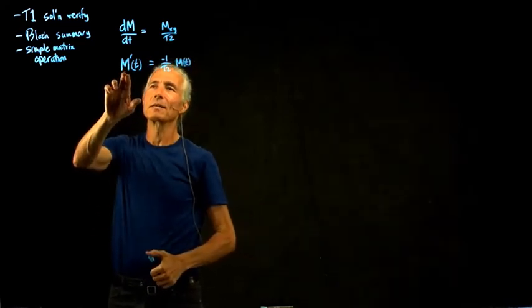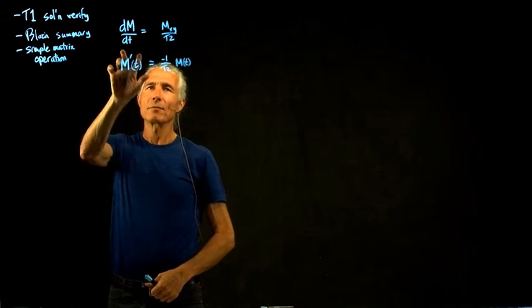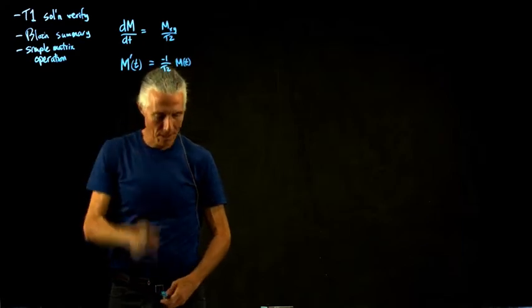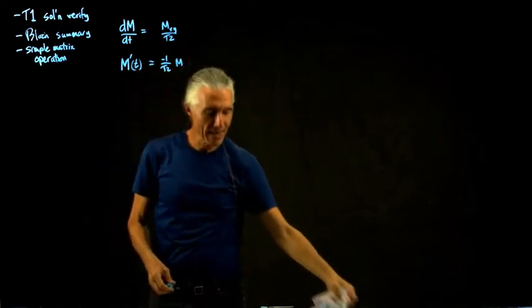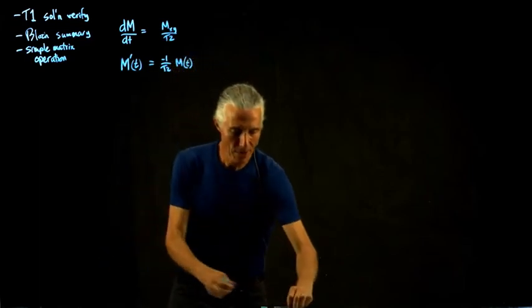It's just some function of time that when we take the derivative of it, the answer is minus 1 over T2 times the function. When you solve a differential equation, what you're trying to do is find out what the function is. So this is the unknown.